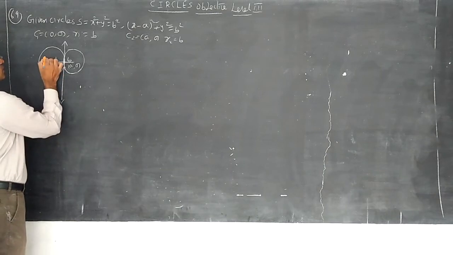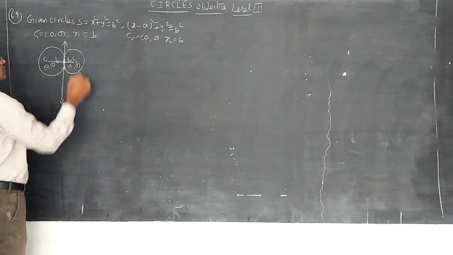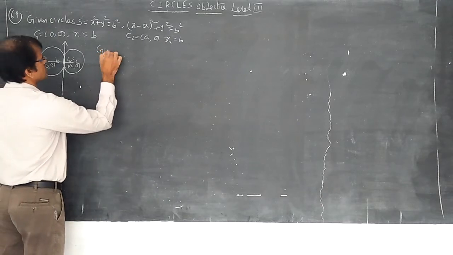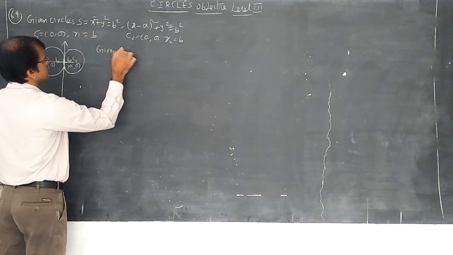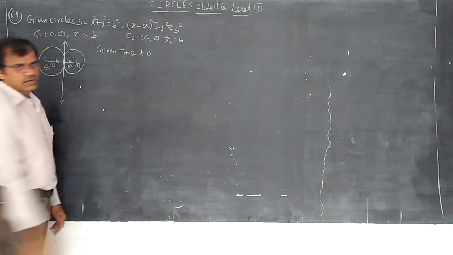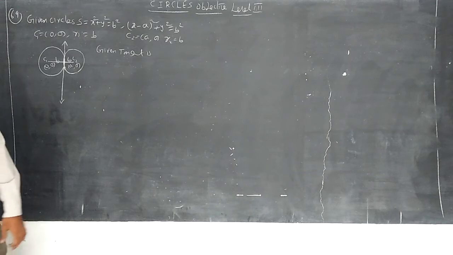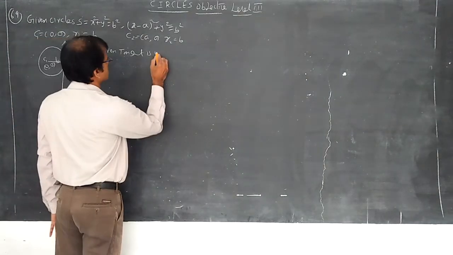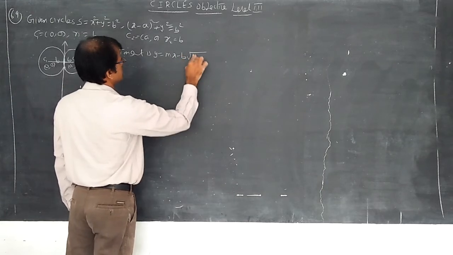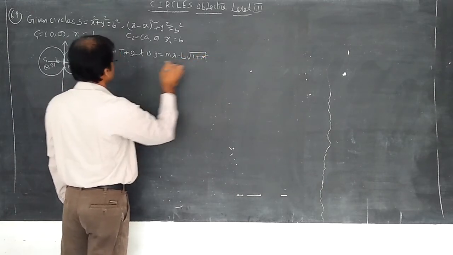Put here C1 and C2. Now the given common tangent is y is equal to mx minus b into root of 1 plus m square.